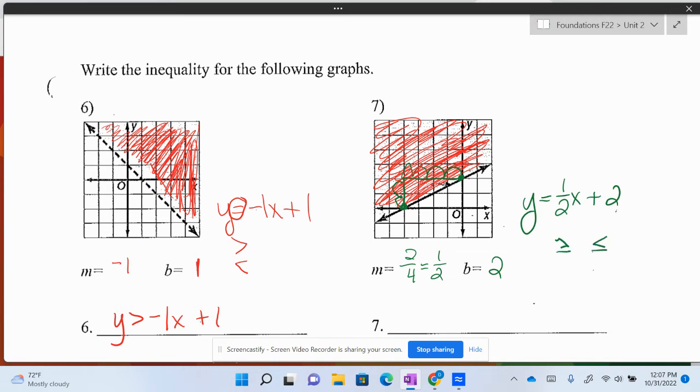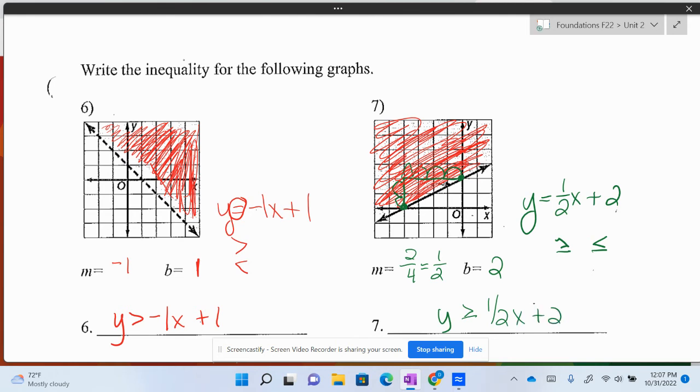Awesome. I know that if it's above the line, it's going to be greater than. So my inequality is y is greater than or equal to 1/2 x plus 2.